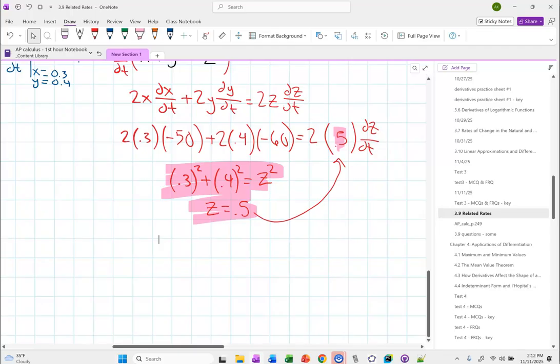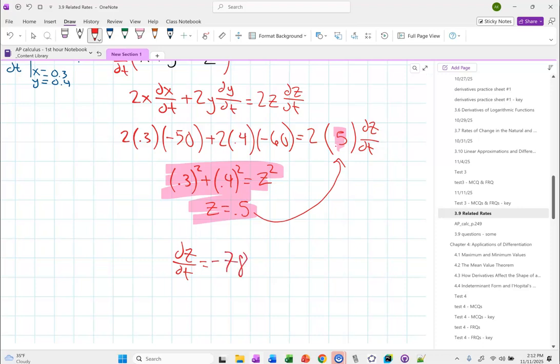Let's see. dz/dt is equal to -30, and then like, there's no good 5 in there. 48, so -78, I think is what that works out to. Mental math, I think. And this is miles per hour.